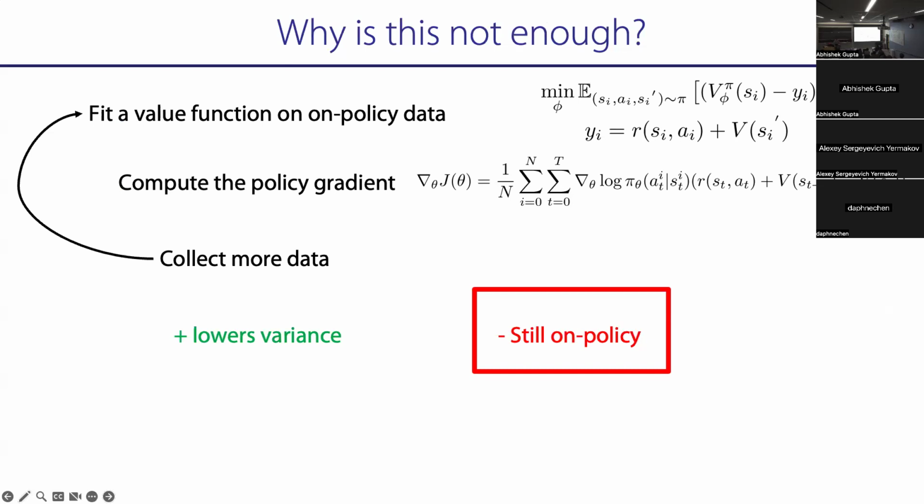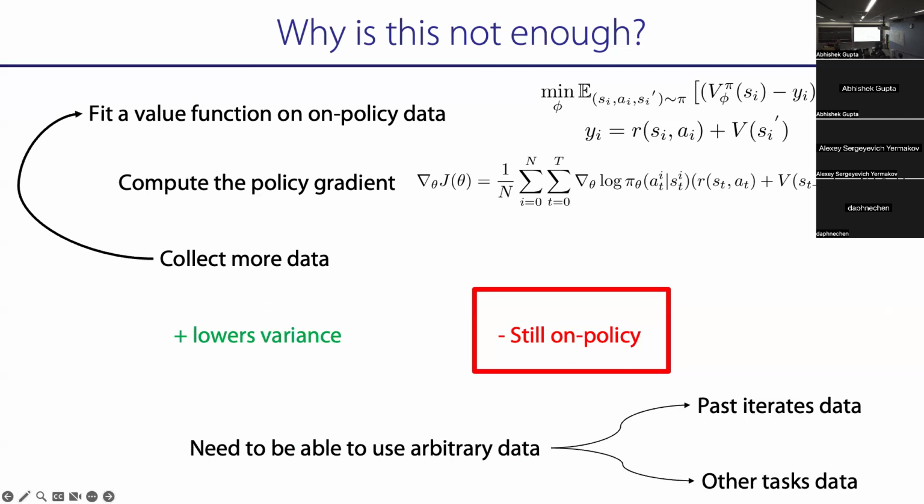That's fine. Okay, but really what we want to do, we talked about these two conditions. We talked about lowering variance. We talked about going off policy. And so what we want is to be able to use arbitrary data. This could include data from past iterations. So far, every time you need to do this, you need data from pi, which means you can only use your latest data.